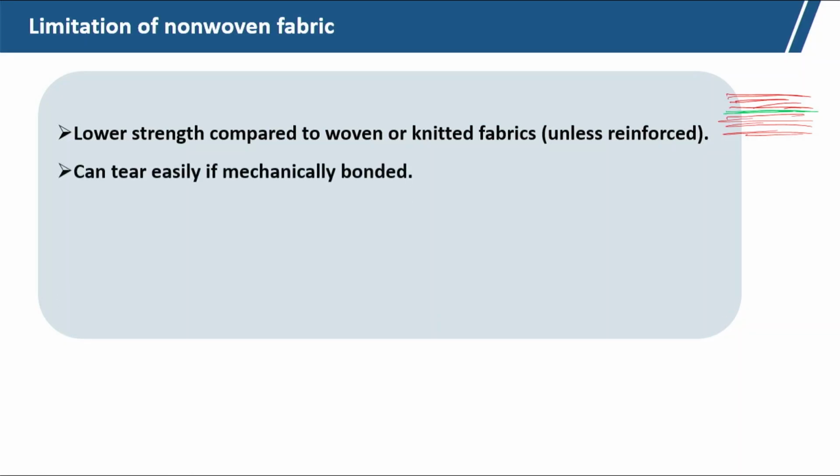It can tear easily if mechanically bonded, but again if we need, we can enhance the tear strength by adding the woven scrim. What is the scrim? Scrim is nothing but open woven fabric, which will give the dimensional stability, and the tear strength will be enhanced.